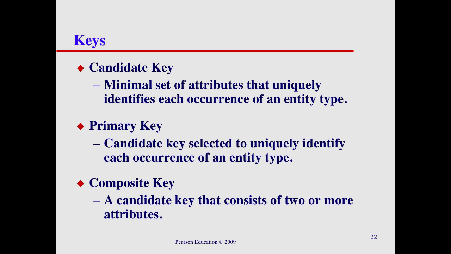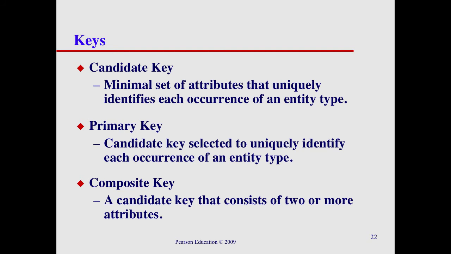Remember, a candidate key is the minimal set of attributes that uniquely identifies each row or each occurrence of an entity type. The primary key is the candidate key that you choose to uniquely identify each occurrence.